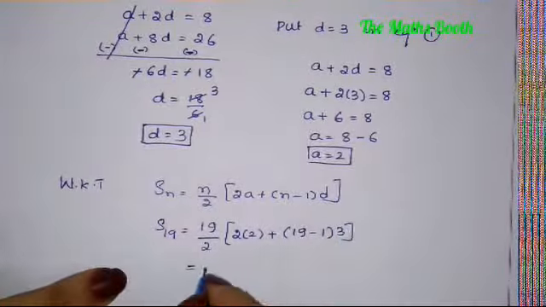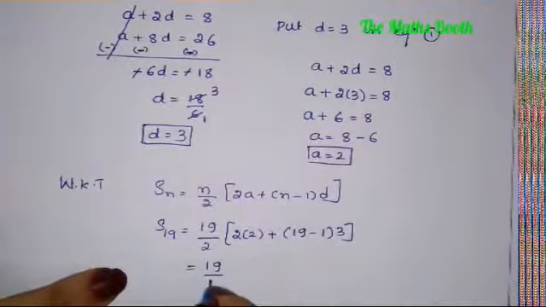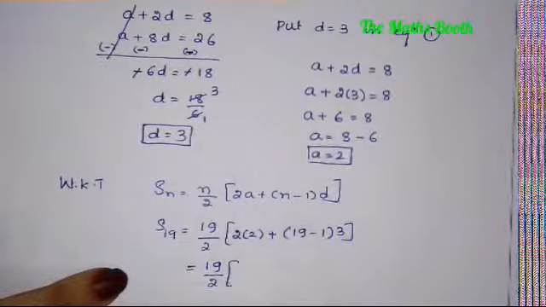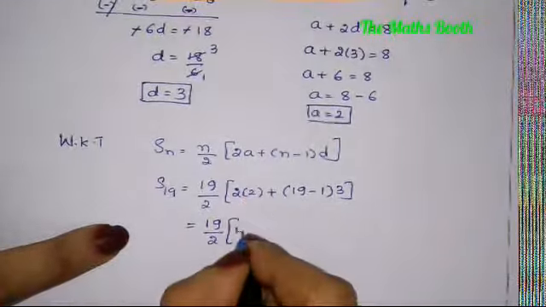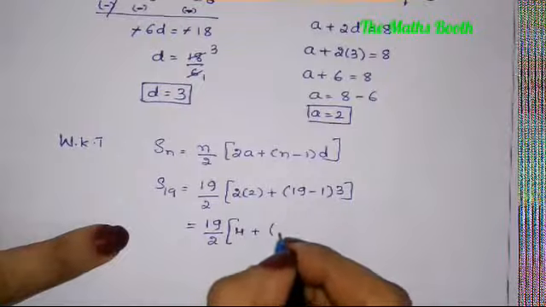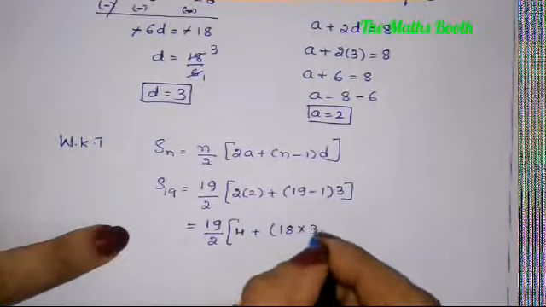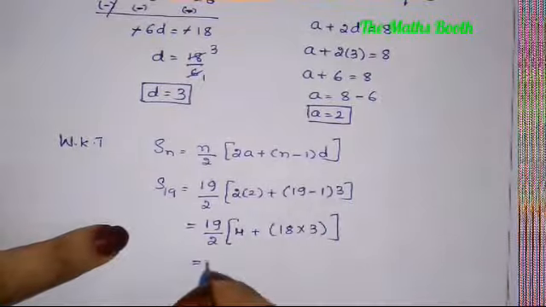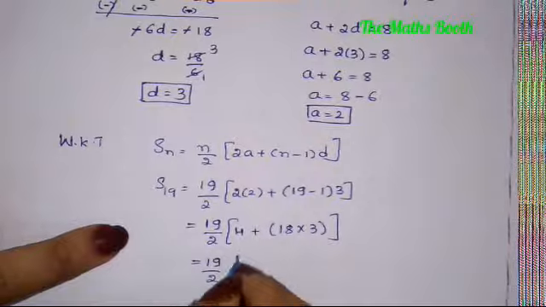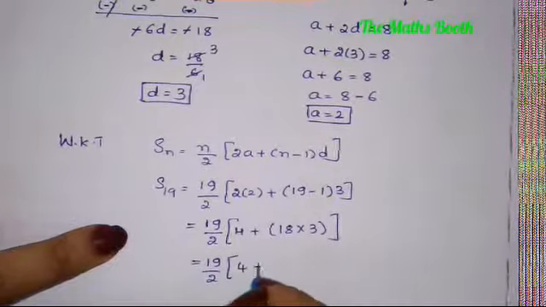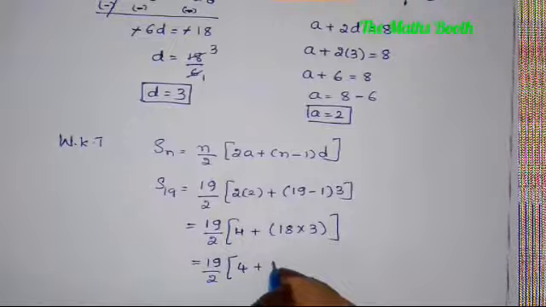We cannot cancel 19 by 2, so let us keep 19 by 2 as it is. 4 plus 19 minus 1 is 18 into 3. 4 plus 18 threes are 54.